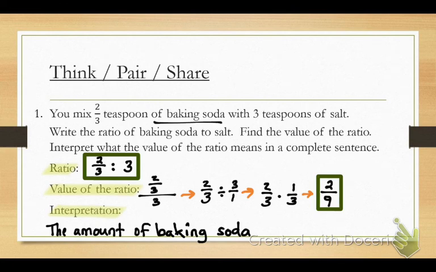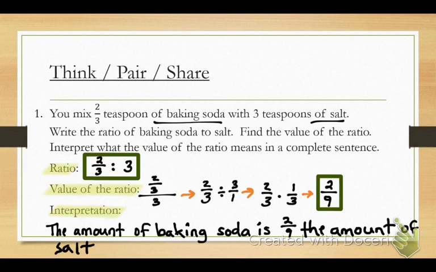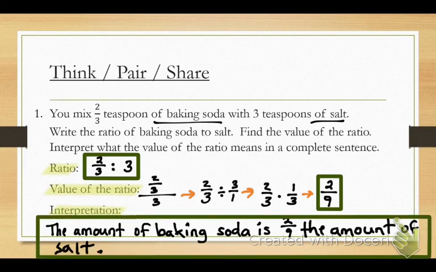So the amount of baking soda is, and then you take the value of your ratio, 2/9, the amount of, and then once again, like he just said, you compare it to the second quantity of salt. And that's the interpretation. That's what all of that work there means.